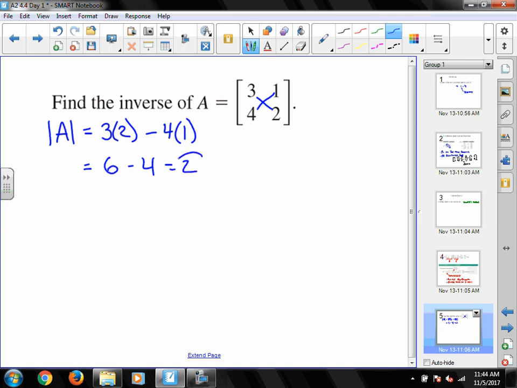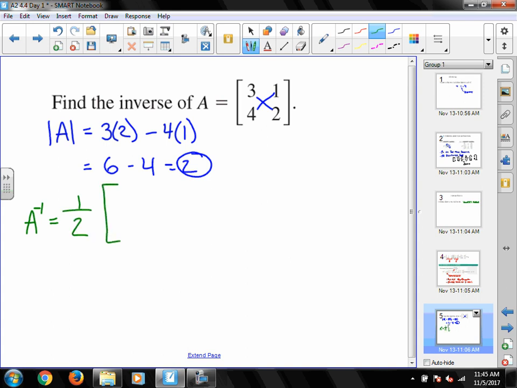Okay? Keep that in mind. We're going to need that here in a second. So to find the inverse of A, we have to take 1 divided by the determinant, which is 2.